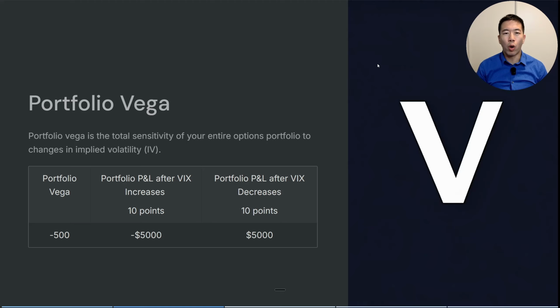We do not want the VIX to increase, because if VIX increased 10 points, then 10 times 500 is $5,000. That's a $5,000 loss if the VIX pops by 10 points. Vice versa, if the VIX drops 10 points, our portfolio will make 10 times 500 Vega, $5,000, if we're short Vega.